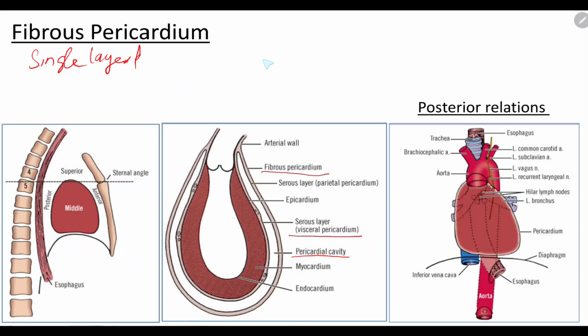The fibrous pericardium is conical in shape. Here is the apex and this is the base. The base of the fibrous pericardium blends with the central tendon of the diaphragm, and at the apex this fibrous pericardium blends with the great vessels.